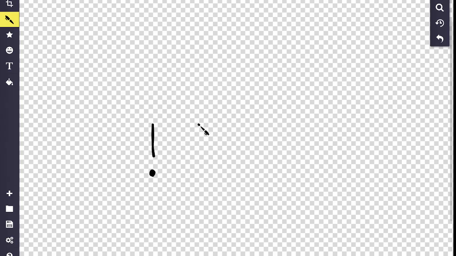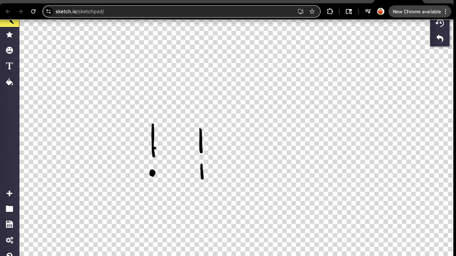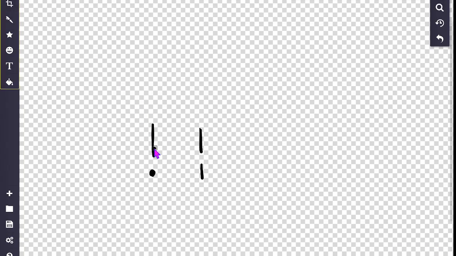I'm thinking the capital is going to be an exclamation mark, but just 2 lines, not a line and a dot.